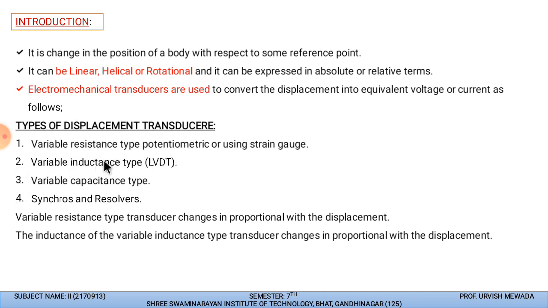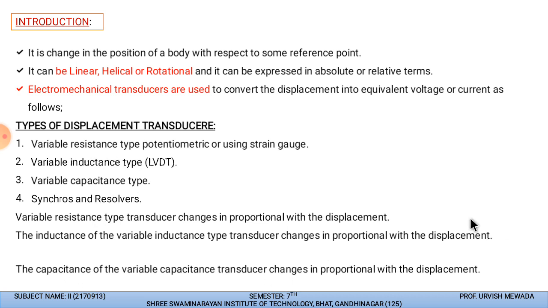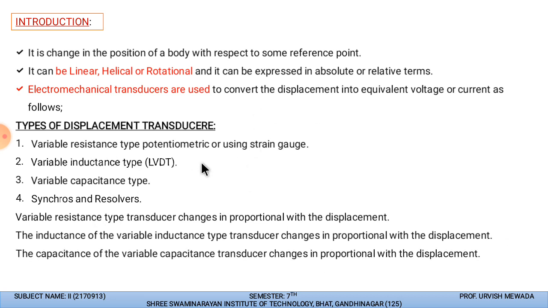We have the RLC, basically the electrical components in electrical engineering. So we observe the change in resistance, change in inductance, and change in capacitance. As the object changes, the resistance changes, the inductance changes, and the capacitance changes.